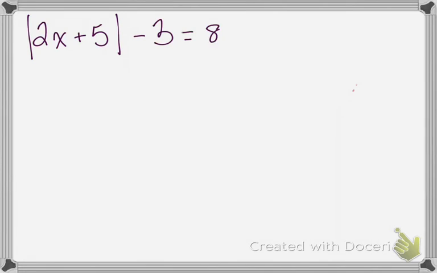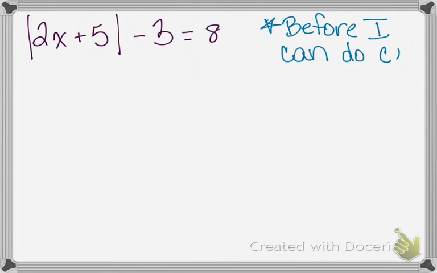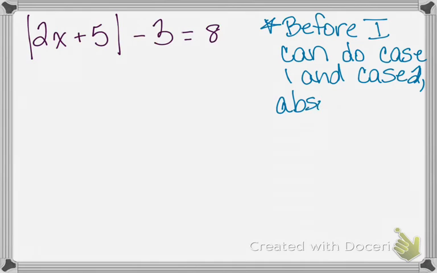Okay? This one is different because my absolute value is not isolated to one side. Okay? Before I can do case 1 and case 2, my absolute value portion must be by itself.